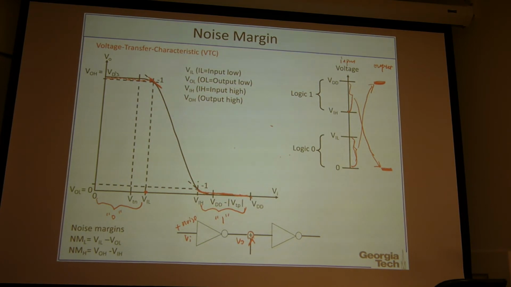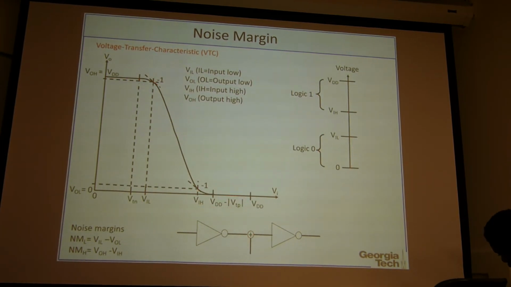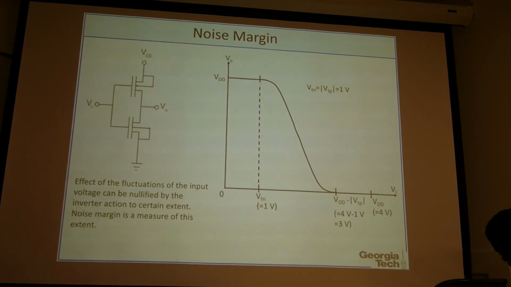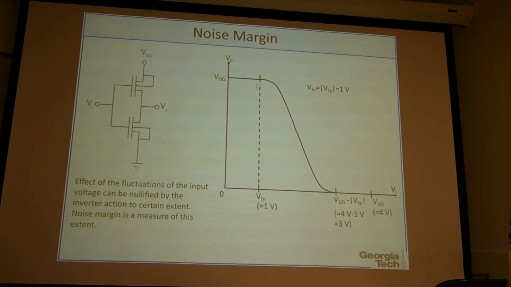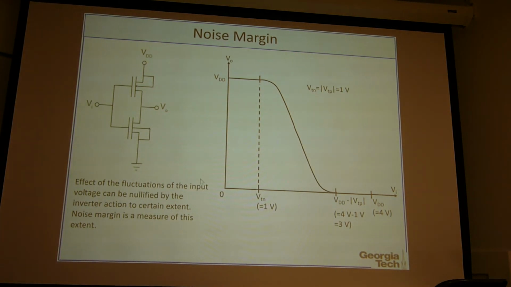So this VTC is important. It characterizes the noise margin. Basically here we can understand why this is flat initially. Why is that? That means the input voltage is low.